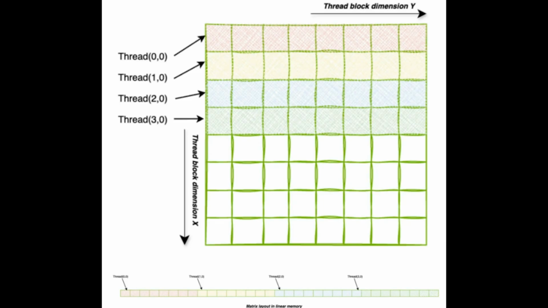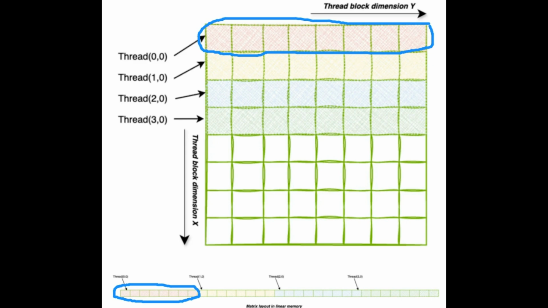So in memory, this is one row, represented here. Memory is linear. We have this other row, represented here.